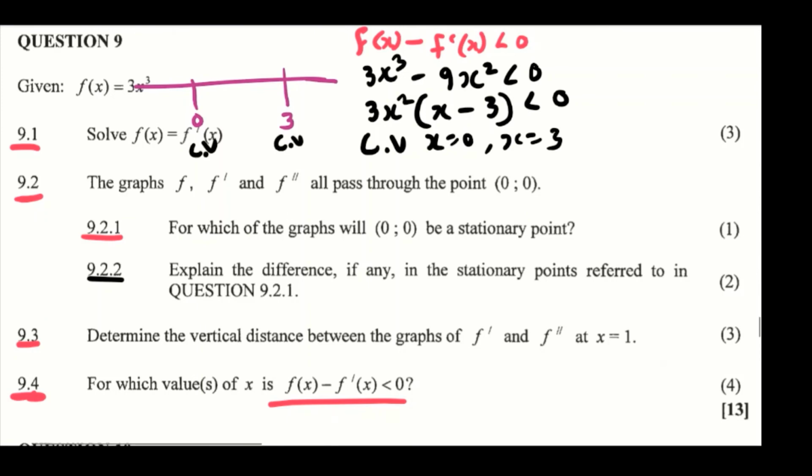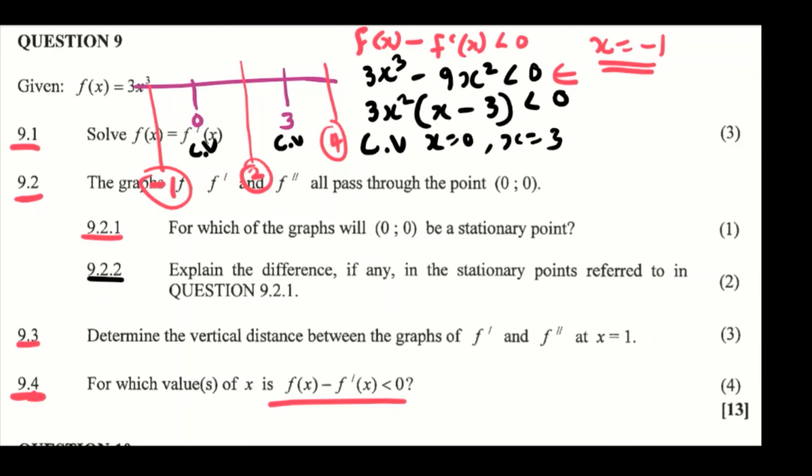And then you're going to test values before the critical value, which before 0 there comes -1, between 0 and 3 there comes 2. So I'm just going to circle the values that you're going to test, and then comes 4 here. So if you substitute x equals -1 into this equation here, you should get a solution that is negative. So I'm just going to write negative.